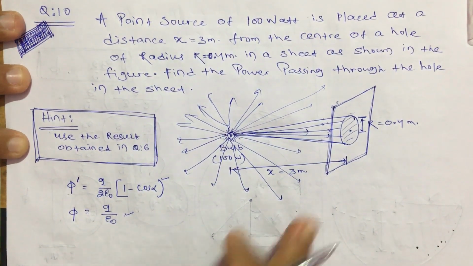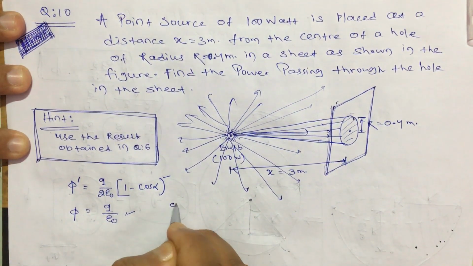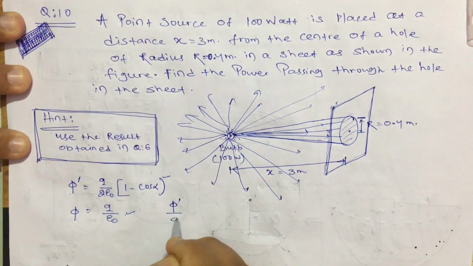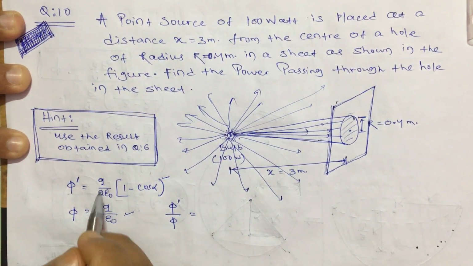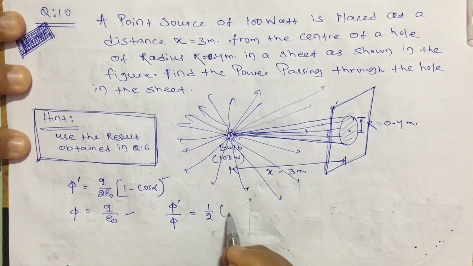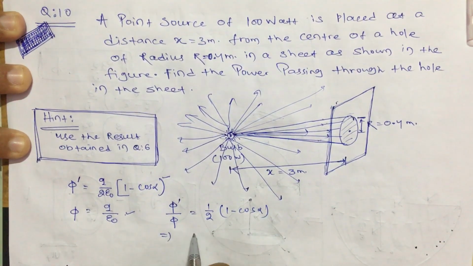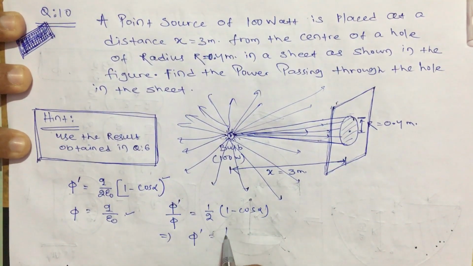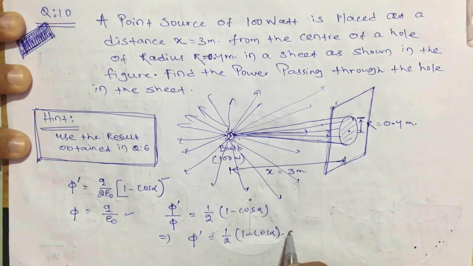The result, as we got from the cone case. So if I write this phi dash by phi, then this q and q will cancel out, and the answer will be 1 by 2 into 1 minus cos alpha, or I can write phi dash equals 1 by 2 into 1 minus cos alpha into phi.